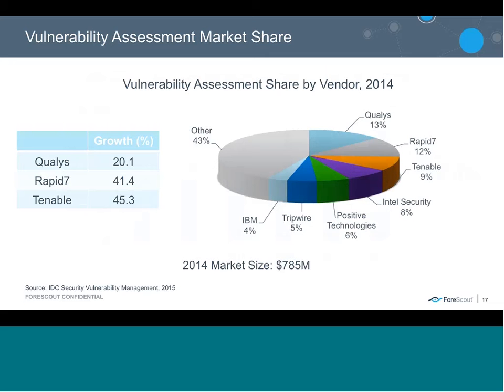Tenable has 9%. Tenable is very big in the federal space, but they're starting to gain traction in the corporate world. You can see on the left the percentage of growth over the last year or so of each of the products. You're going to see Rapid7 going up very quickly, and Intel Security going down very quickly.